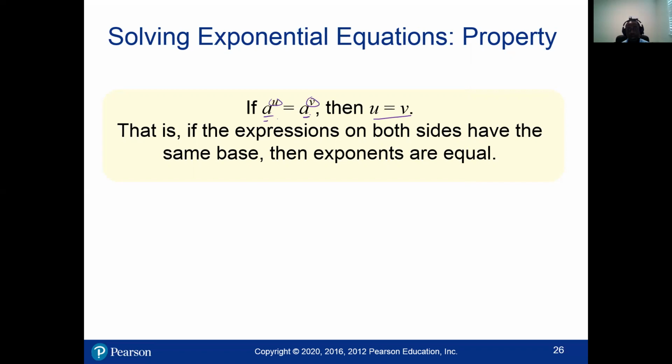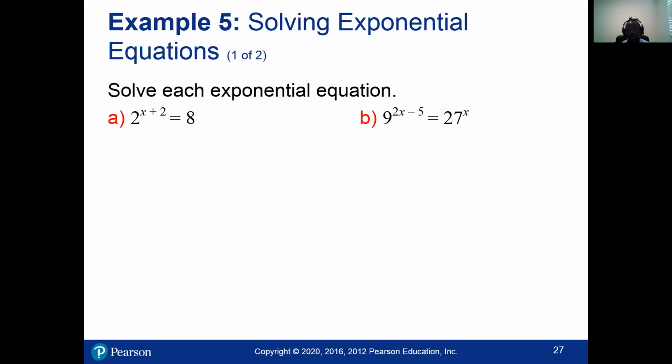All right, let's take some examples. Solve each of the exponential equations. Now, a: 2 raised to x plus 2 equals 8. As you can see, 8 and 2 are not the same base, but for us to apply the property we just talked about, they must have the same base. Thankfully, we can write 8 as 2 raised to the third.